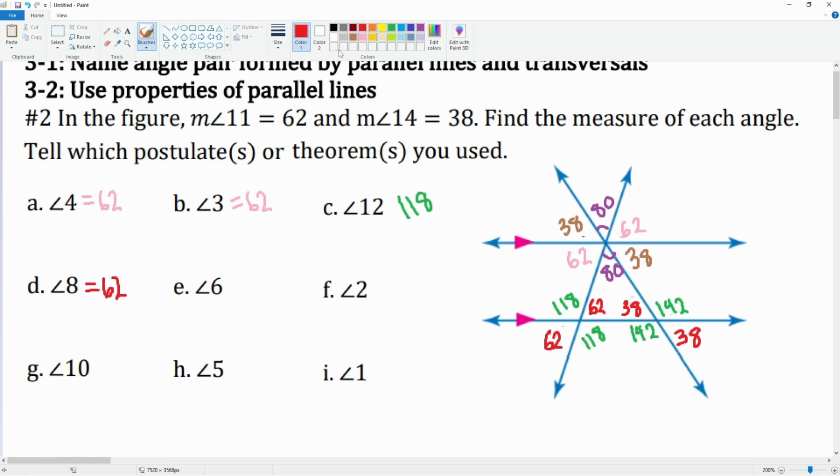Angle 6, it is 38, and we got that from consecutive interior. Angle 2, it is 80, and we got that from the vertical from the other 80. Then we got angle 10, which was 142. I got that from using vertical angles. Angle 5 looks like 80, and we use the total sum inside a triangle is 180. Then we have angle 1, which is going to be 38 degrees. All right, so there you go.